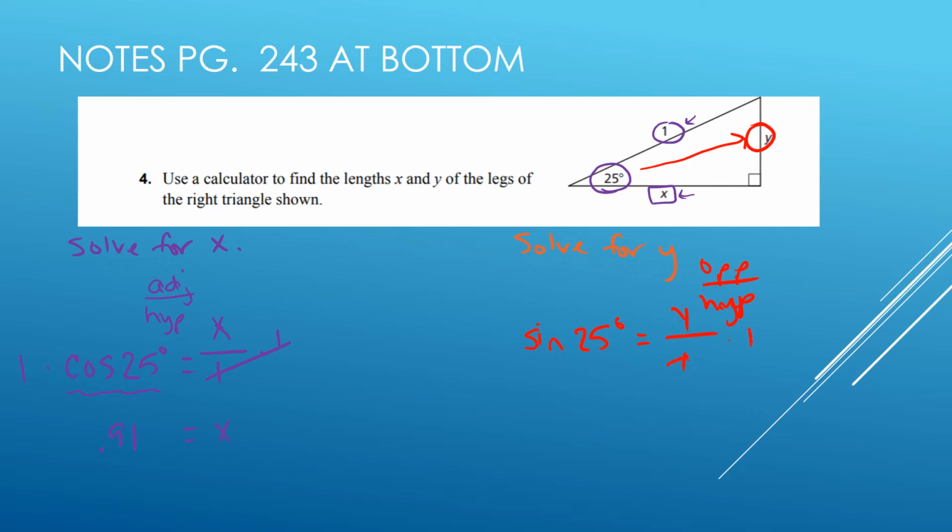Same thing, I'm going to multiply by 1 on both sides and figure out what the sine of 25 degrees is. I'm going to use these little symbols instead, because that means approximate. Since we're rounding off the decimal, we have to use approximation symbols. So this ends up being 0.42, and 0.42 times 1 is just 0.42.